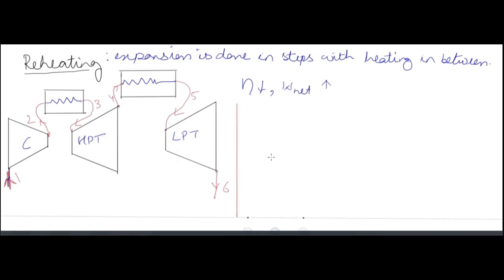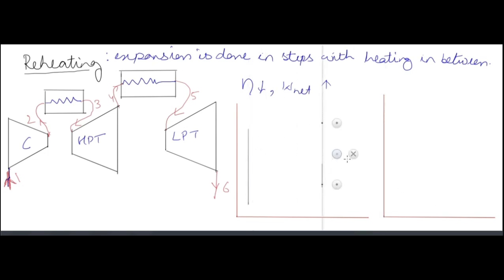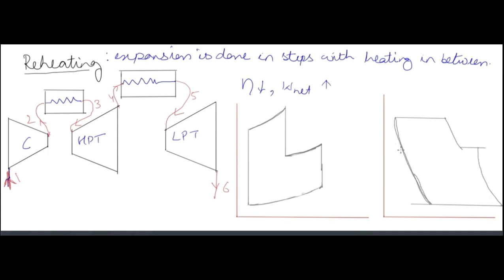Now once again the TS and PV diagram. So once again, this is a clockwise cycle, which means a work producing cycle, because we have been doing the Brayton cycle.